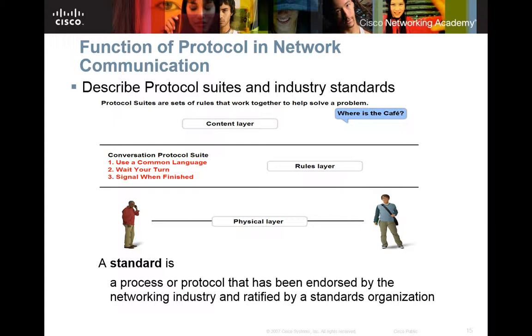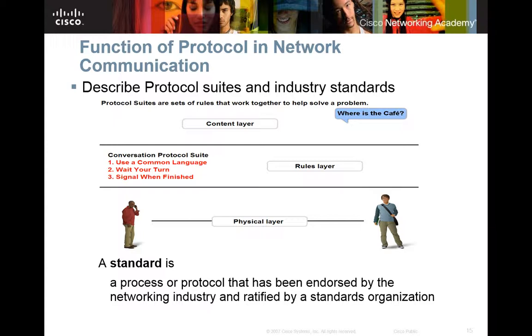So, describe protocol suites and industry standards. Well, what is a protocol suite? Name me a protocol suite. ISO? Nope, that's a standards organization. No, ISO is the organization. TCP/IP, yes, TCP/IP.